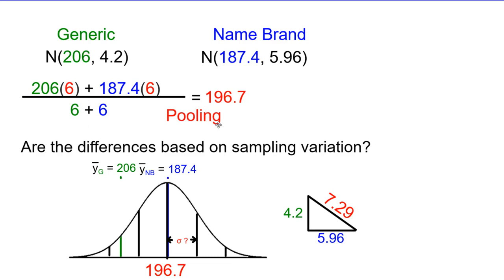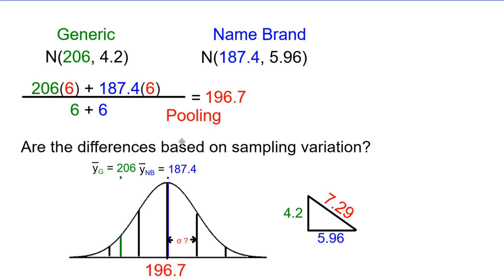And we'll discuss that more, I believe, tomorrow when we talk about pooling. There's like 2 pages in the book. You don't really need to know it too much because, spoiler, pooling is not going to give us a huge benefit when it comes to inferences with means, because if they do have the same standard deviations or the same amounts of variation in their populations, then the actual values that we get by pooling are not going to improve it very much. So in general, we're just not going to pool when it comes to means, but with proportions, we always pool.